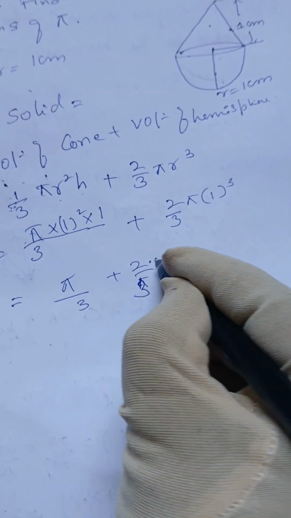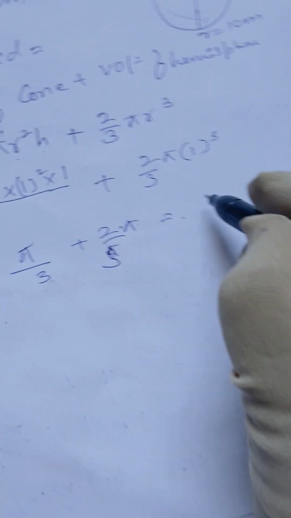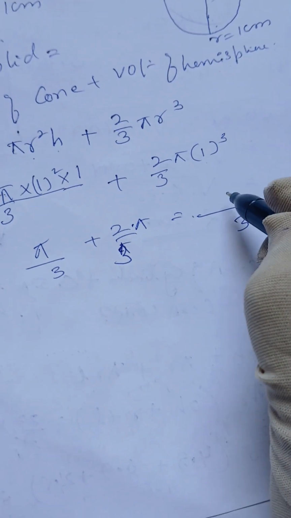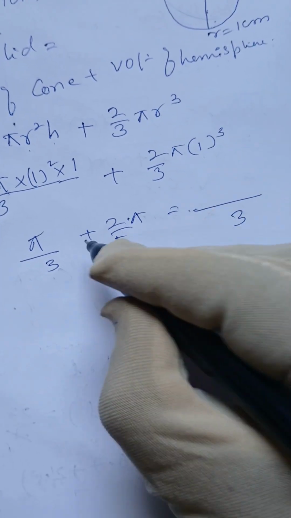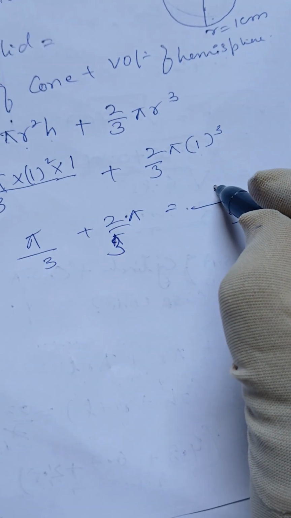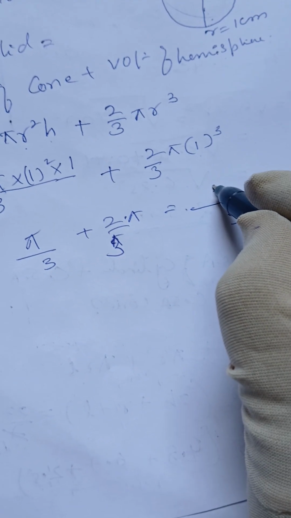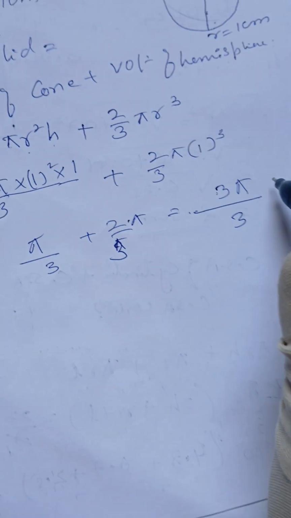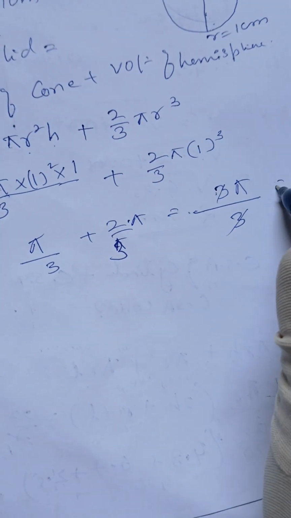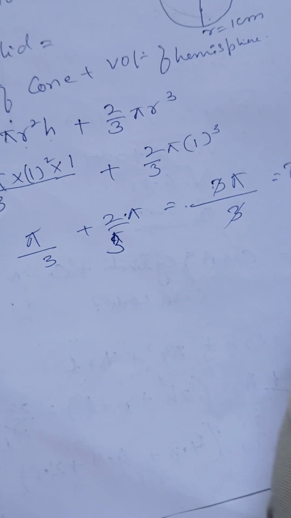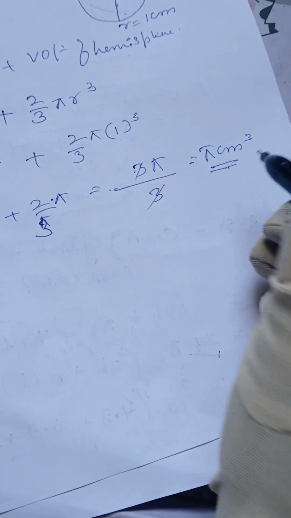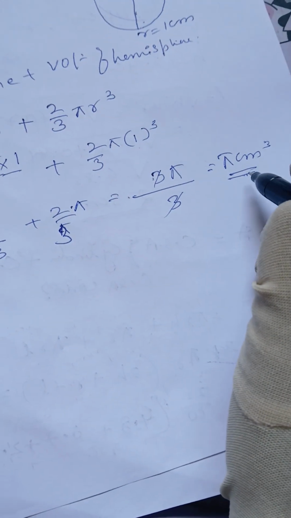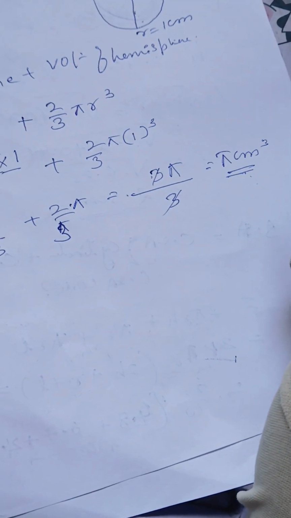When we take the LCM, 3, we get 3 pi by 3. This cancels, and we get pi centimeter cube. So our answer is pi centimeter cube.